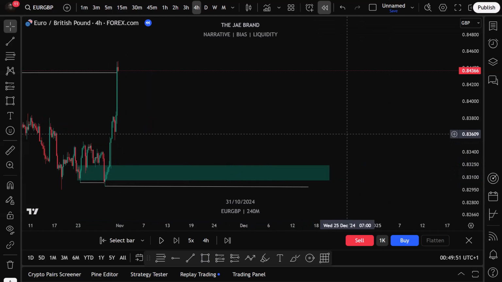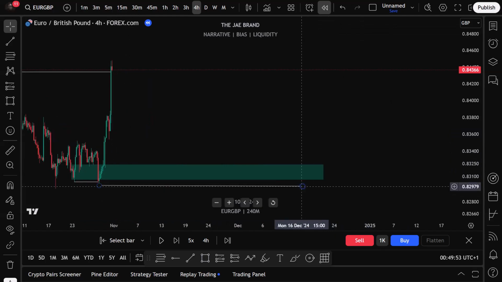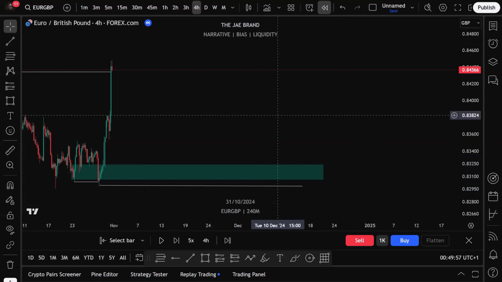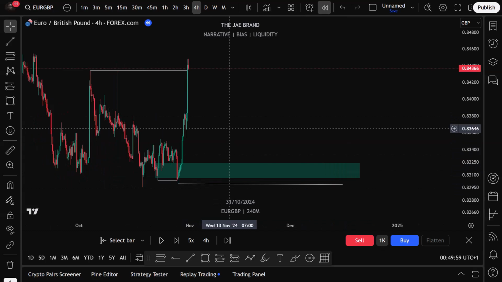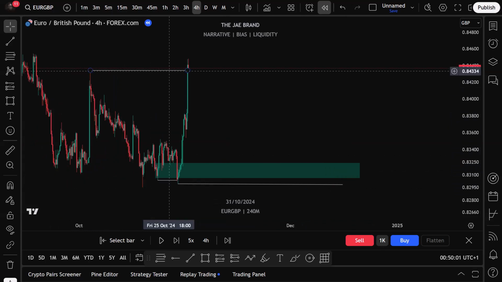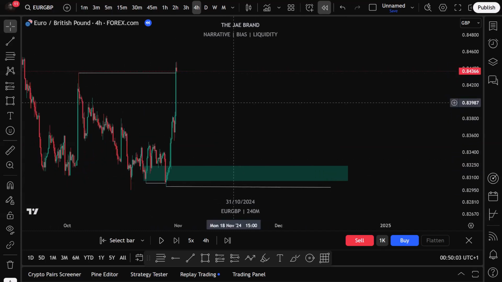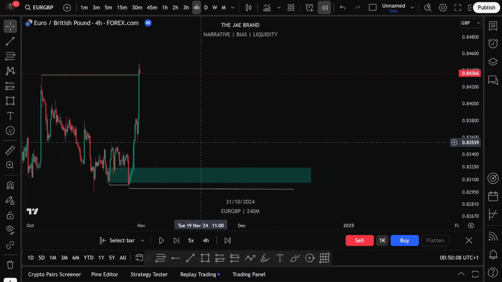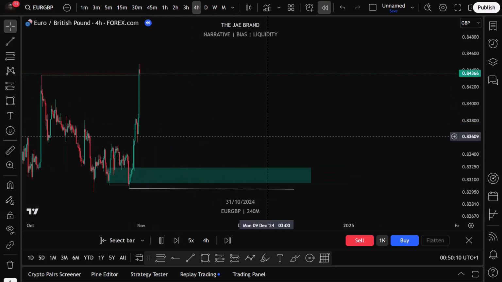Now most uninformed traders will be waiting for price to come into this POI, mitigate it and move to the upside, because there is already a clear break of structure here, transactional liquidity has been taken, and then we are expecting a retracement. Now let's see what happened.